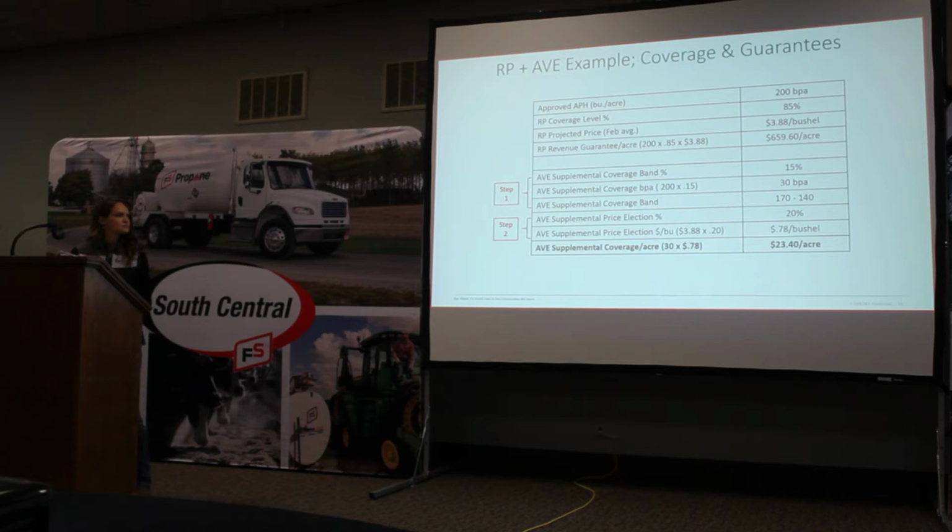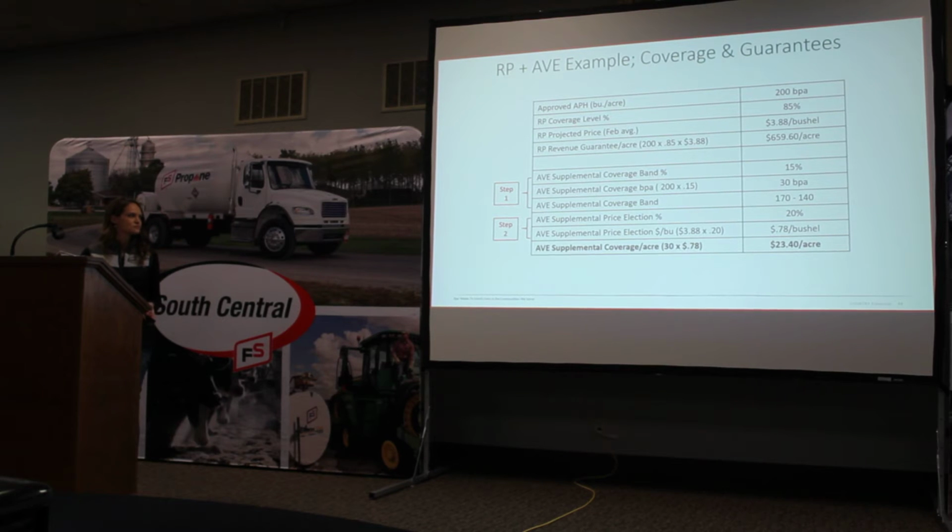Jenny, you can go to the next slide, please. I'll just kind of explain it. So if we have a 200 bushel APH and we take out 85% coverage on our federal policy and our spring price is $388, obviously our guarantee, that's simple. Everybody uses that every year. Now we can take out another 15%, which comes out to 30 bushels. So 85% of 200 is 170.